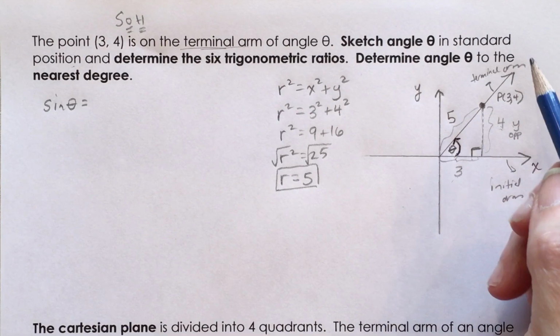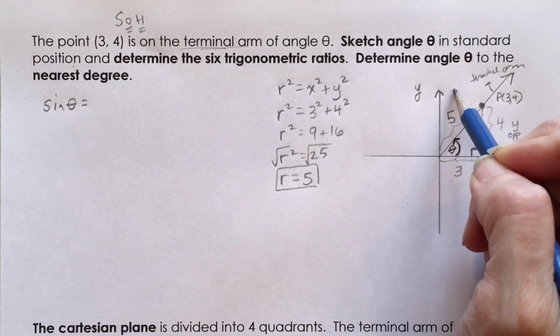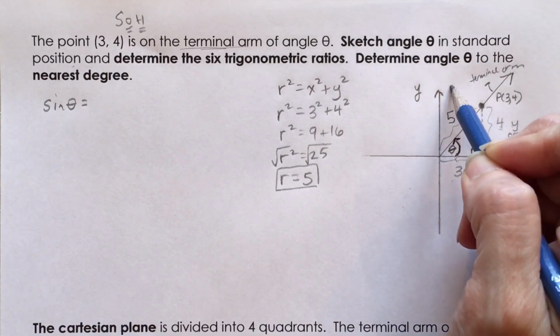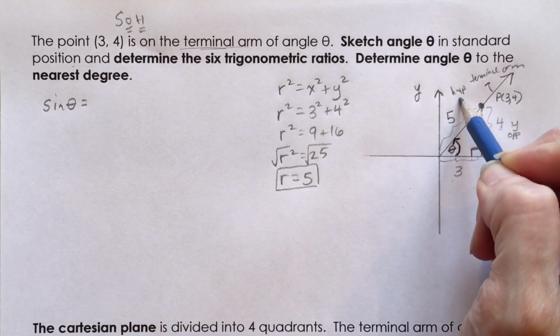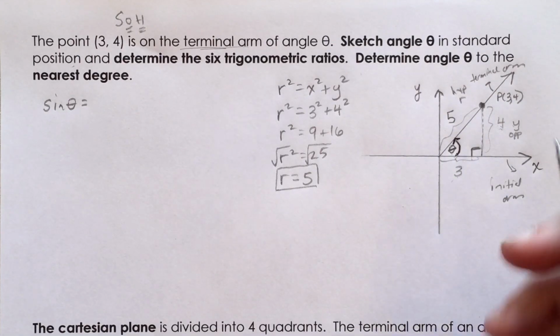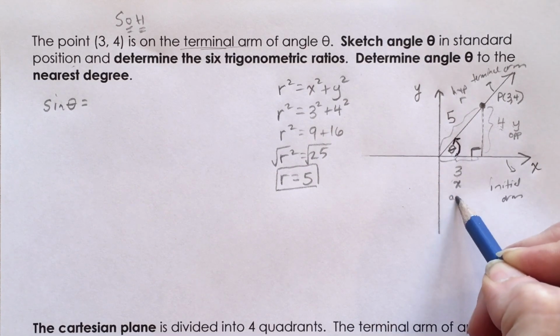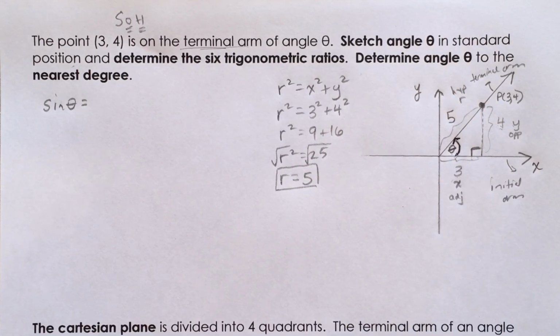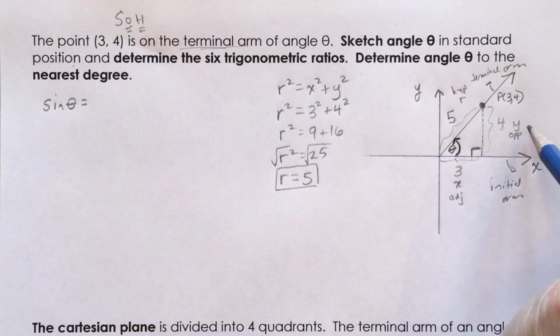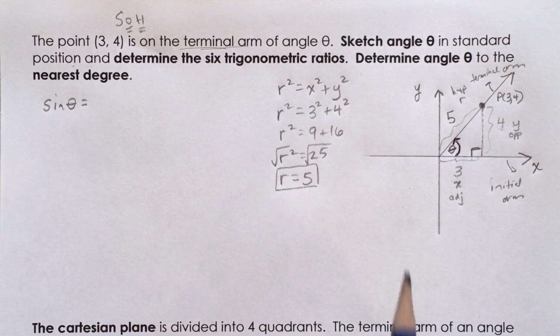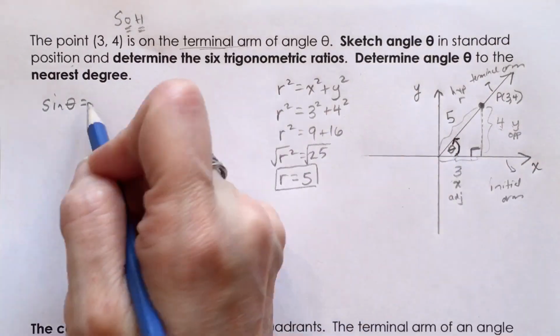And hypotenuse, we're trying to move away from hypotenuse and towards r. And then this side is x. Last year we would have called it the adjacent side. So again, we're moving towards thinking of sine as not opposite over hypotenuse, but y over r, the y value over the r value. So that's 4 over 5.